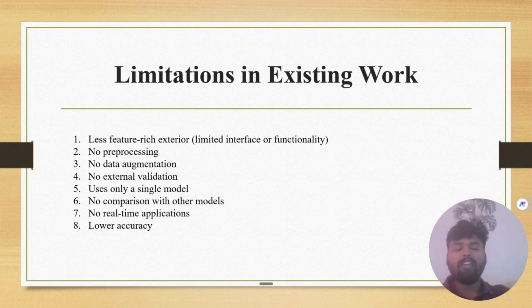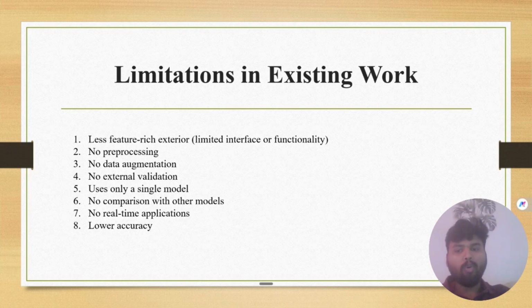They did not have proper data augmentation and no external validation either. They were training only a single model, like just CNN or something else, and not doing model comparison as well, and there is no real-time application. Without all of this, the accuracy would also be lower. These are the current limitations.